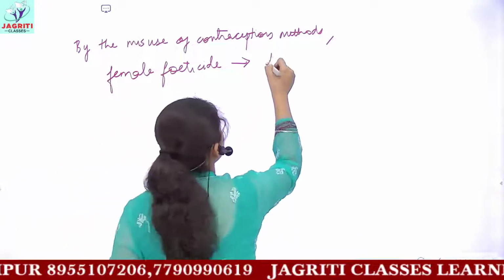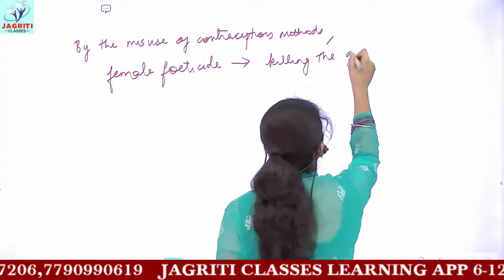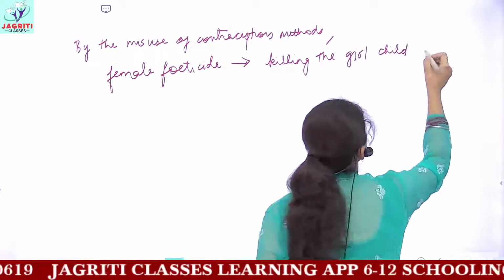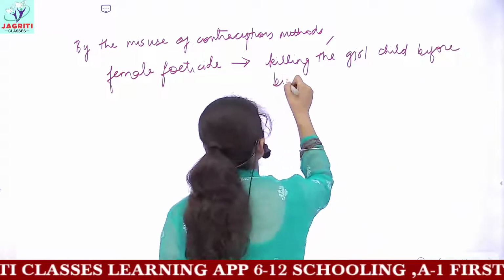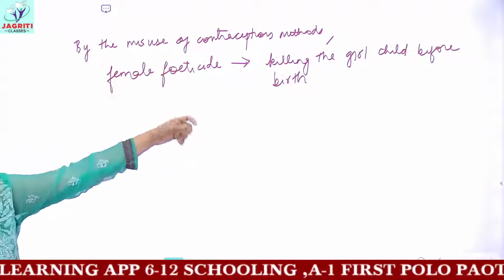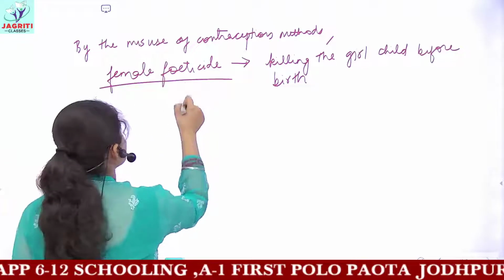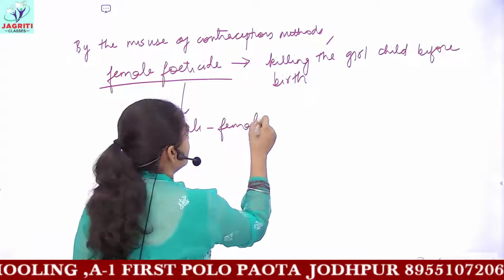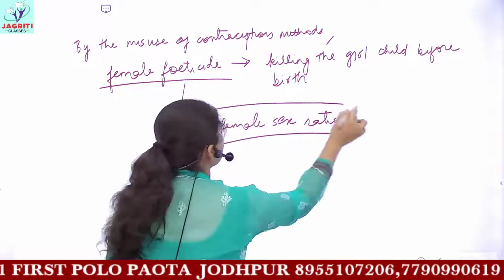Female feticide is the process of killing the girl child before birth. This increasing problem of female feticide, which is killing the girl child without its birth, has disturbed the male-female sex ratio in the country.